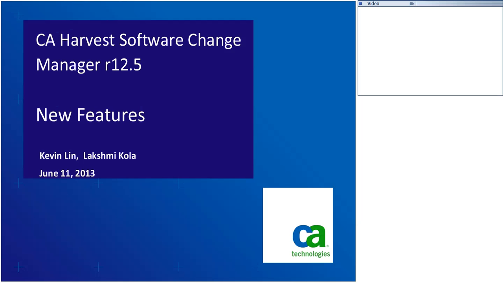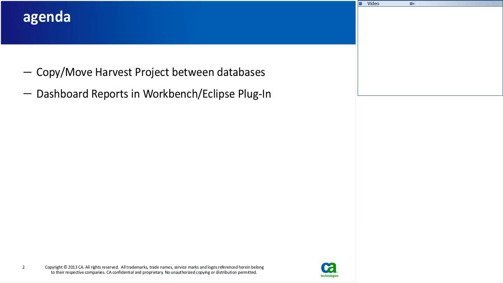So today, what we're going to show you is those two marquee features. When Rose talked about 12.5, we actually have a number of enhancements in this coming release, right? So today we're only going to focus on those two topics.